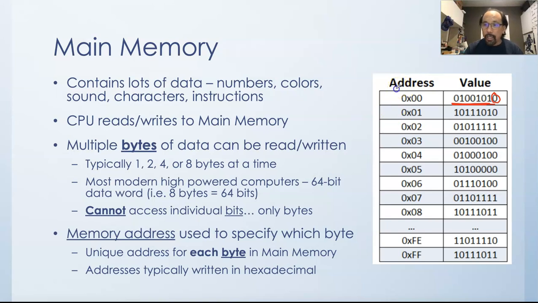So we have this notion of a memory address, and it's sequential in nature: address 0, address 1, and so on. By convention, we always use the hexadecimal number system to specify the address, because it makes it more readable.